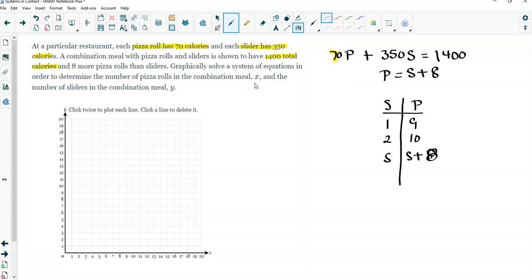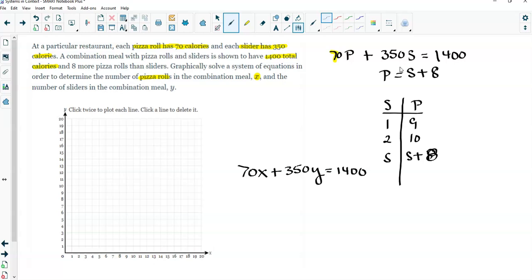Now let's change that so that we are able to solve it for X and Y. Let's say pizza rolls are X, so that means the P is going to be X. So let's write that, 70X plus 350Y equals 1,400.